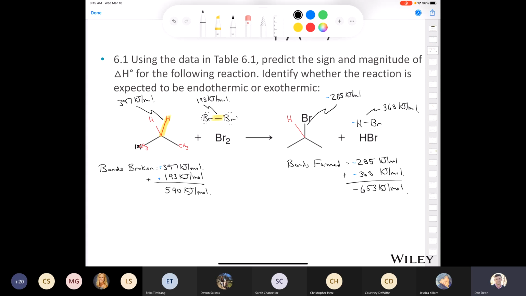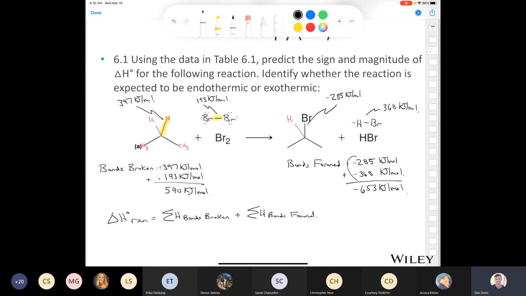And so the delta H naught for this reaction is going to be the sum of the enthalpies of the bonds broken plus the sum of the energies of the bonds formed.